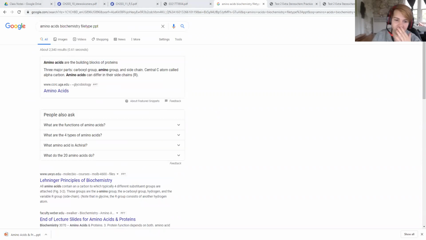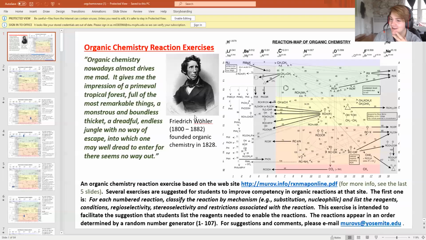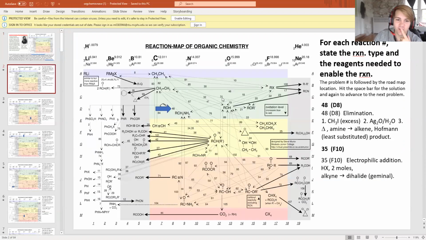I just found something as well that I wanted to show you guys. This thing, which is the reaction map. It shows how, if you started at one molecule, all the different reactions get you to every other kind of molecule.